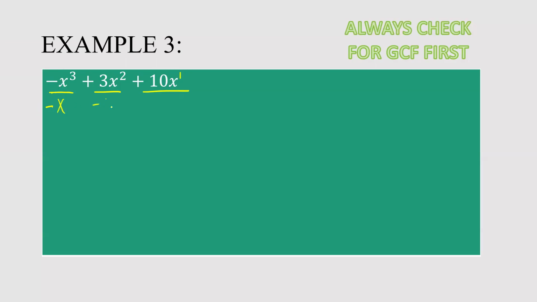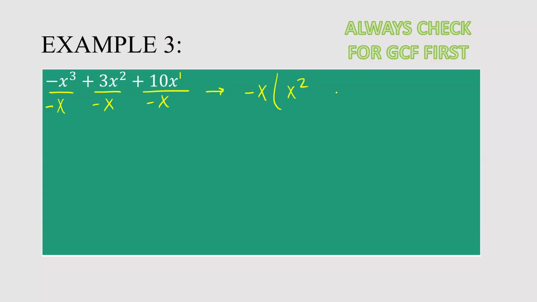So we're dividing everything by, well, we do technically have a numerical one. It's negative 1. Negative x. So GCF on the outside, quotient on the inside.